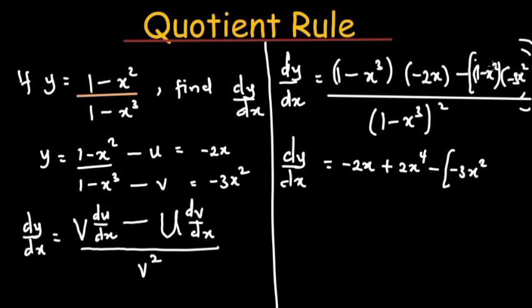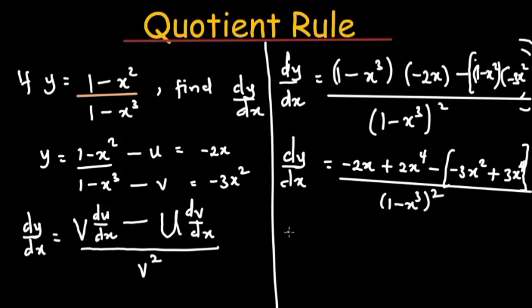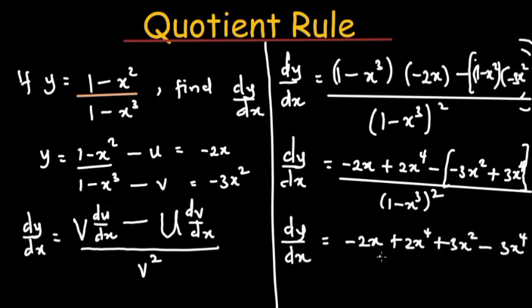Minus 3x squared multiplied by minus x squared will be plus 3x to the power 4, divided by 1 minus x cubed all squared.